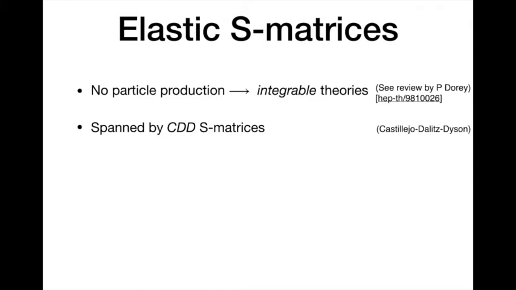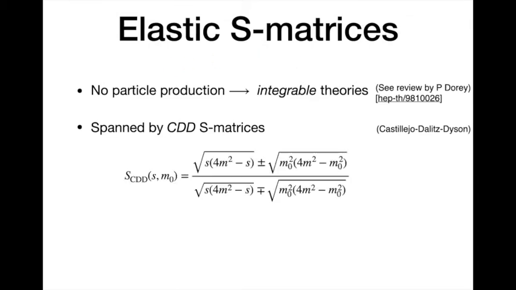And they're actually known explicitly. They're spanned by the set of what's called CDD, Castillejo-Dalitz-Dyson S matrices. So a CDD S matrix is a function of S and M0, where according to the sign you choose, M0 is going to be a pole or a zero.